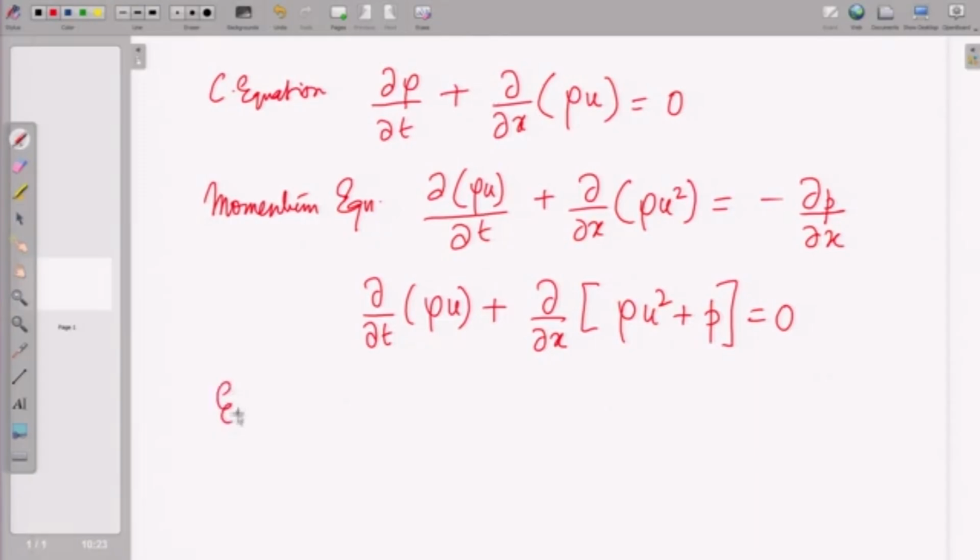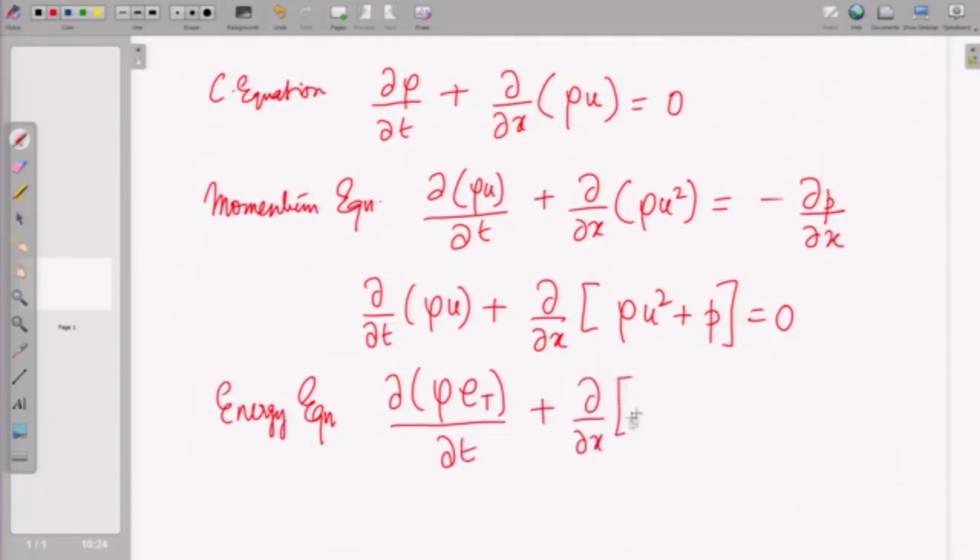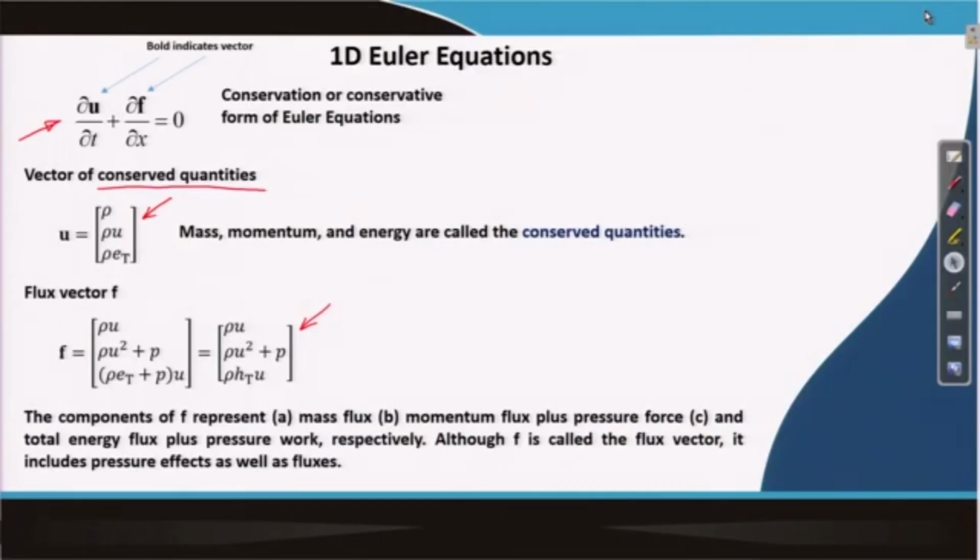And coming to the energy equation, so these are the familiar partial differential equations that we are aware of to represent the conservation of mass, momentum and energy. So, when we look at the flux vector form, it is a very compact representation of the same.